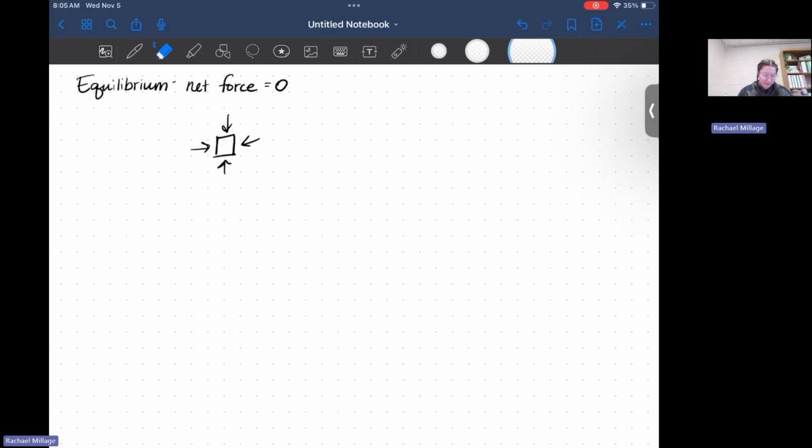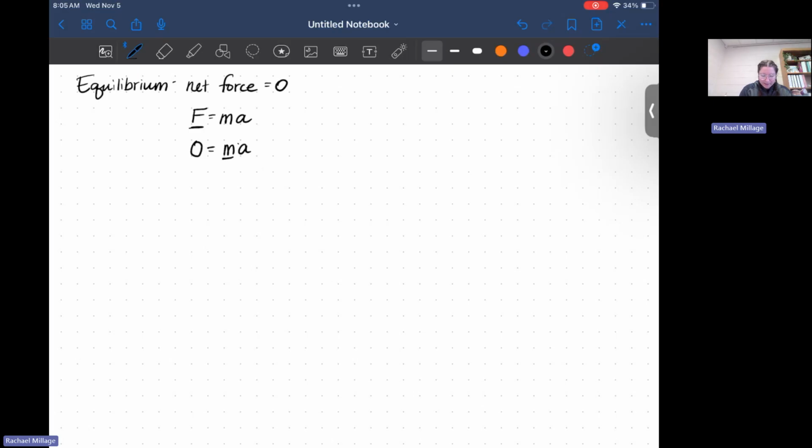If my net force is equal to 0, if we're thinking about Newton's second law, force equals mass times acceleration. If this is net force, 0 equals some kind of mass times acceleration.